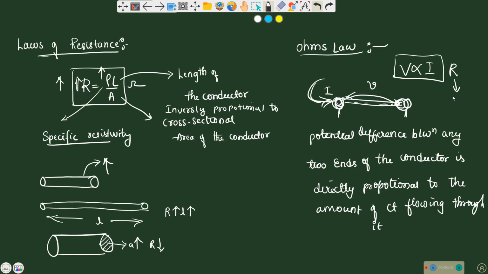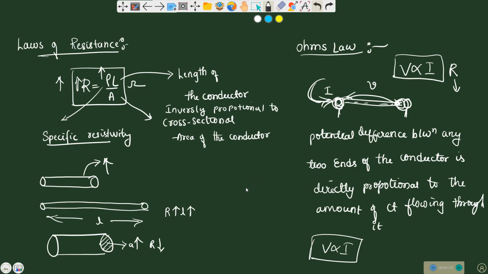Just as we have body resistance, a conductor has a resistance to the current flowing. So this is Ohm's law, V is proportional to I. You should remember this.